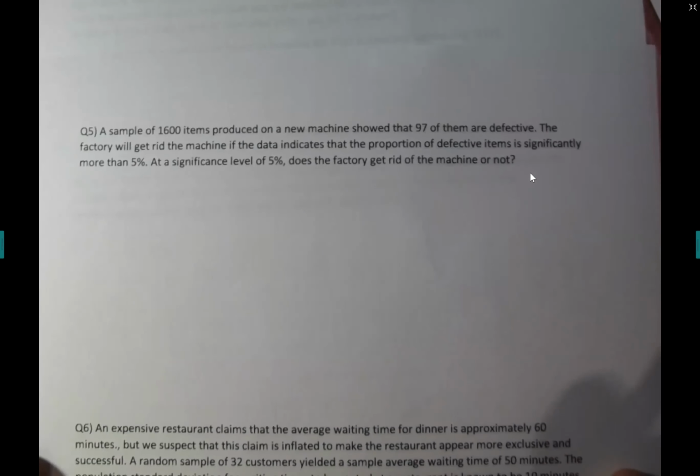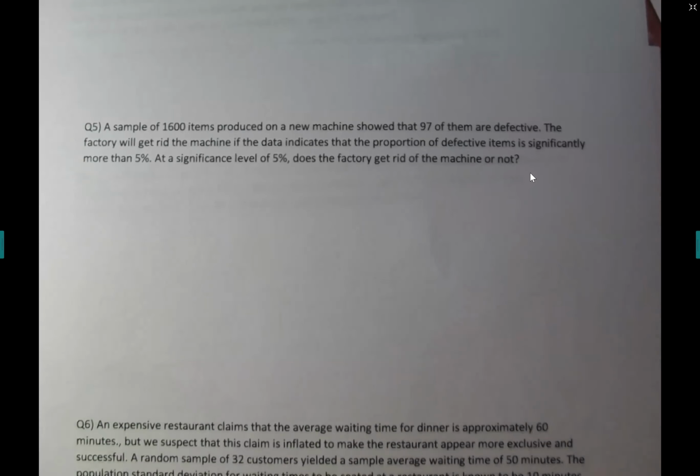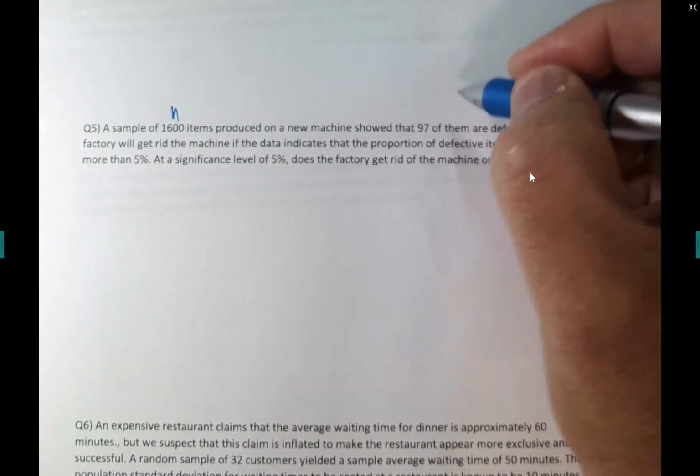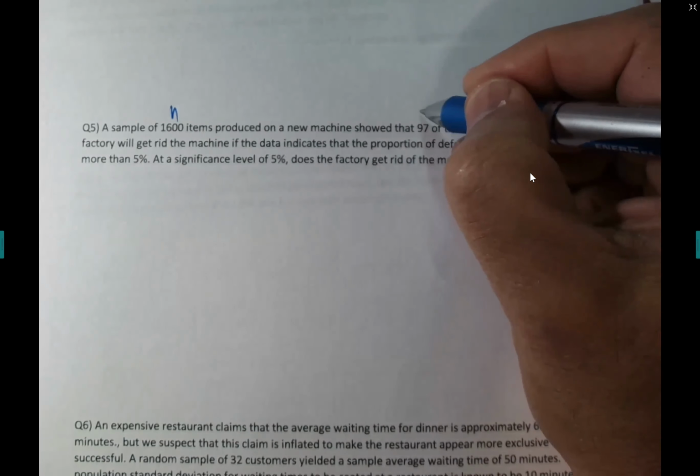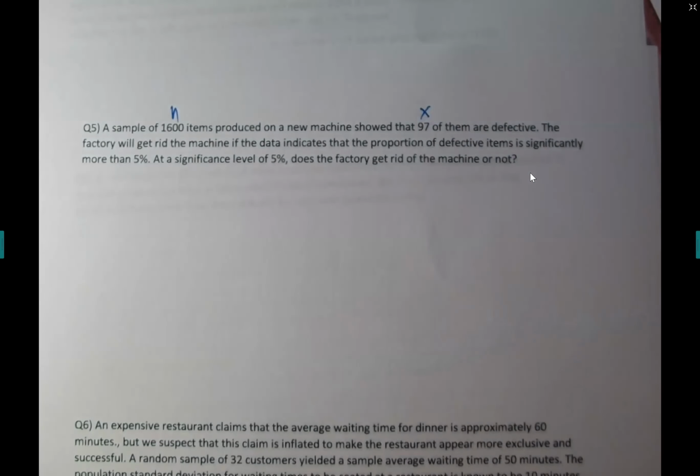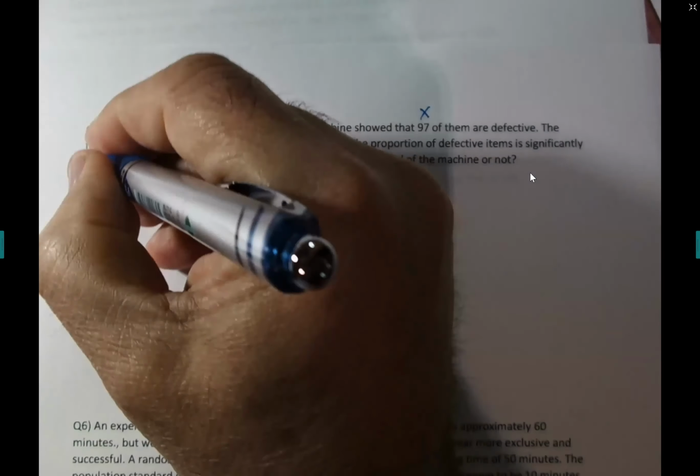A sample of 1,600 items produced on a new machine showed that 97 of them are defective. So that's N. When there is no mention of standard deviation, guys, this is a proportion. The factory will get rid of a machine if the data indicates that the proportion of defective items is significantly more than 5%. See, more than.